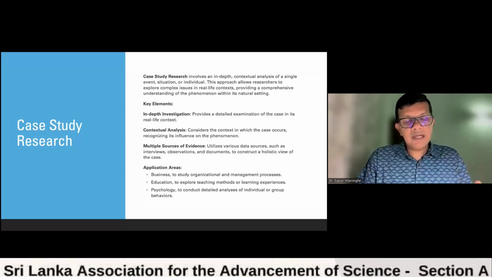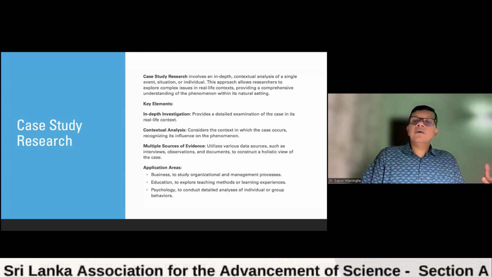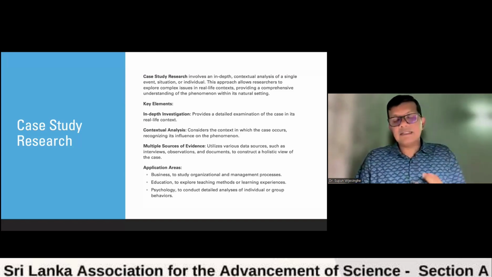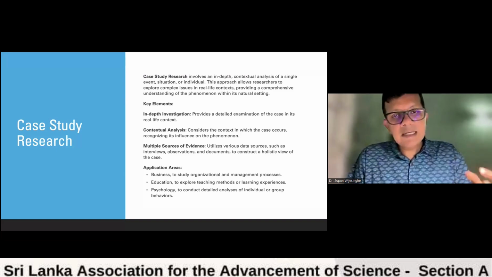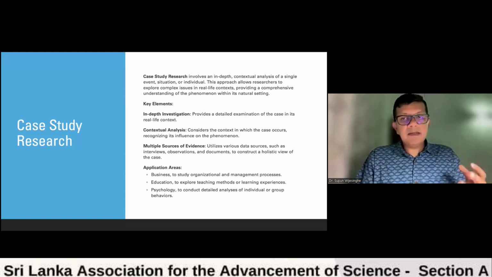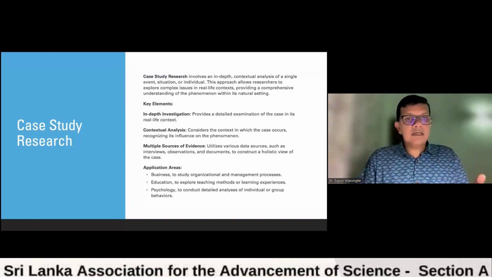For example, you can analyze what has happened over the past 10 years in the hospital, how the hospital quality has improved, that sort of approach. So it's a case study. So this is a single setting based thing. Probably some people use case series and case study synonymously, but this is different.